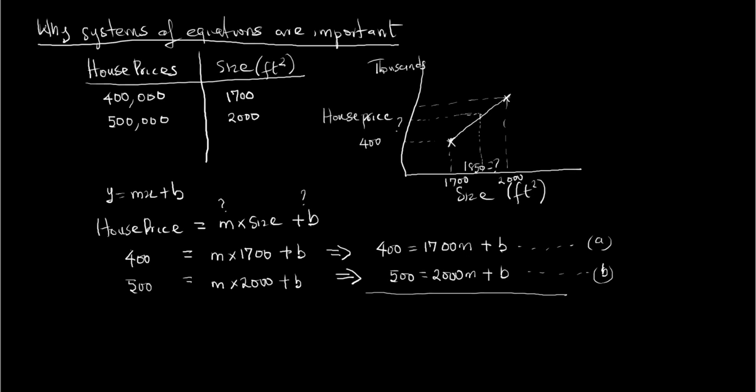It's very easy, using slope is equal to y2 minus y1 over x2 minus x1, which in this case y is the house prices and x is the size, right? Between these 2 points, you can use that to get that. So you can see this is one application of systems of equations.